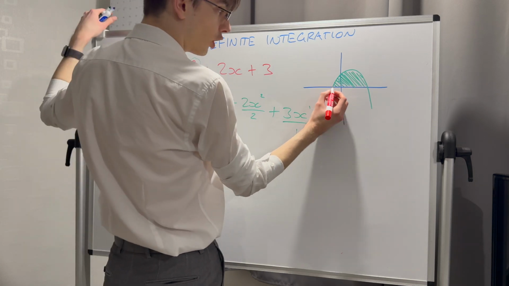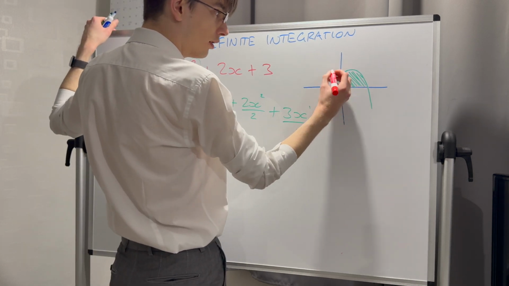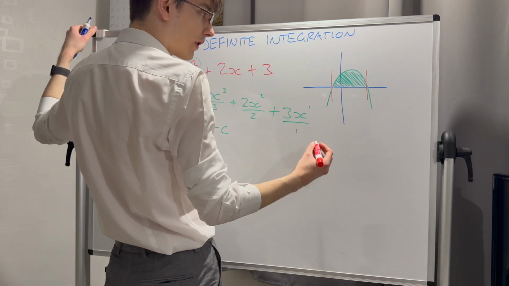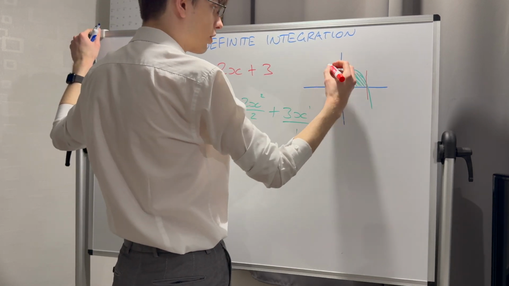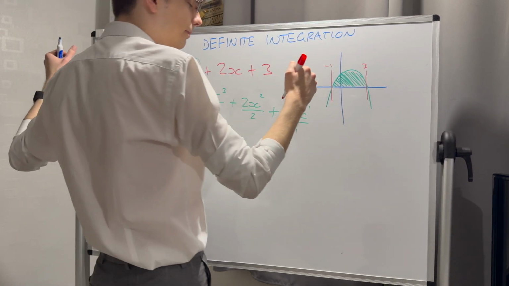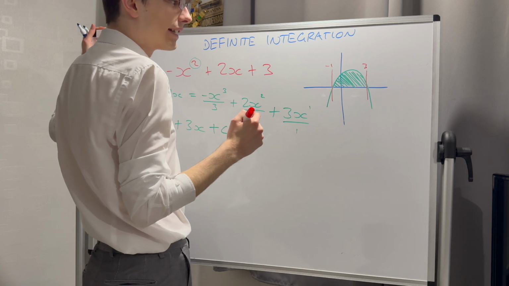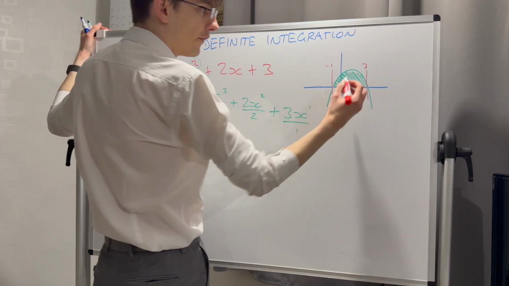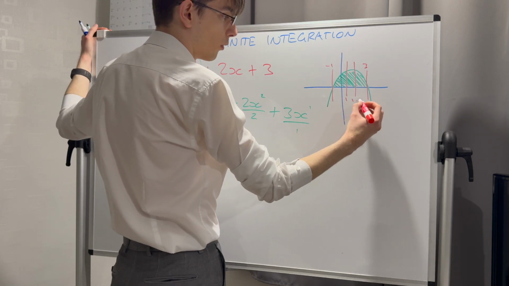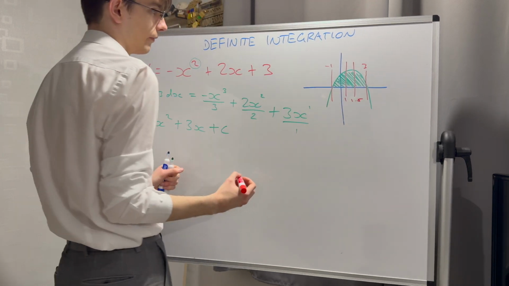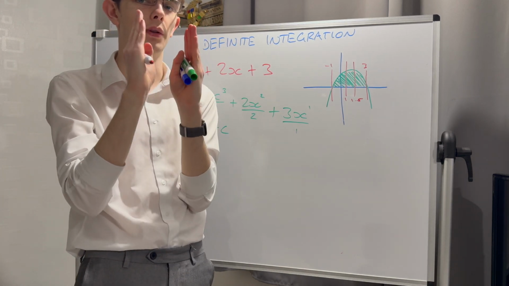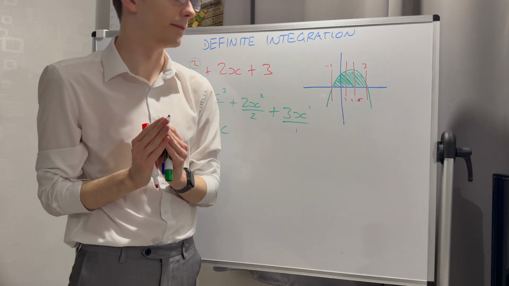So if I want it to go between here and here, then I can almost draw a line on each, find my x-coordinates here, which by the way are minus 1 and 3, just solve the quadratic if you don't believe me, and I can say that those are my bounds. If I wanted to find this area in here, then, that'd be 1 and maybe 1.5, and they'd be my bounds. So it's important that we're always checking where exactly on the graph I would like my area to be.